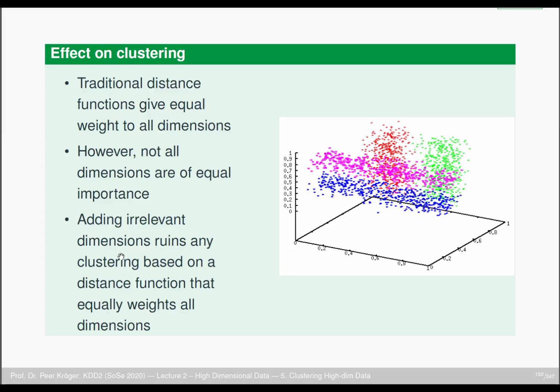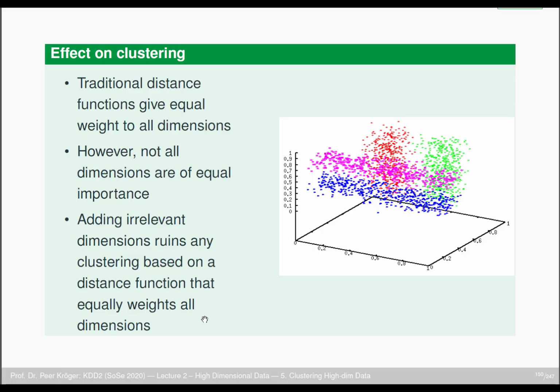So adding irrelevant attributes, dimensions, features obviously ruins any clustering result of algorithms based on distance functions, especially a distance function that equally weights all dimensions.